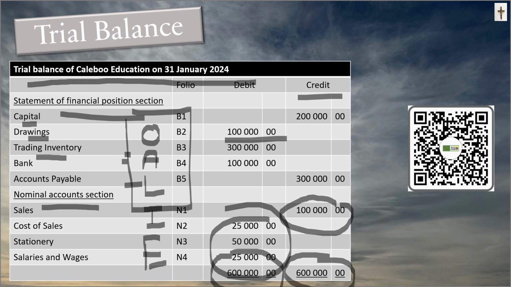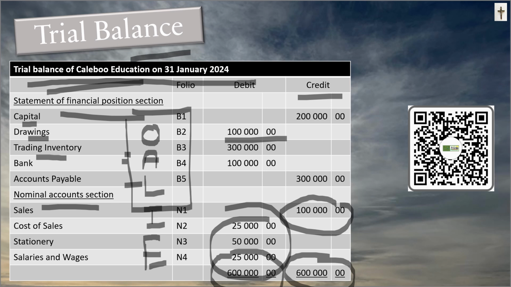But I'm just telling you what a trial balance is. As we progress with knowledge on accounting, you will be able to deal with all the things I have just mentioned. But for now, this is an example of a trial balance.